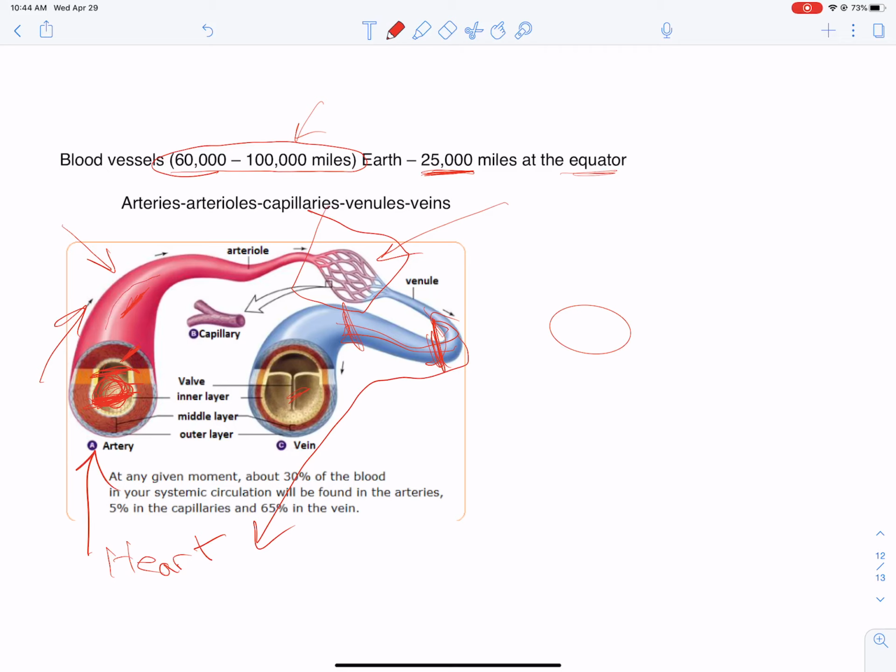Well, this gets so small as it goes down. By the time it gets to the capillary, how big are those? Only one red blood cell can fit at a time through the smallest part of the capillaries. So these are microscopically small. They're only one cell layer thick.